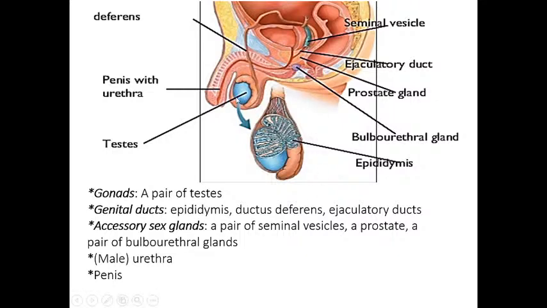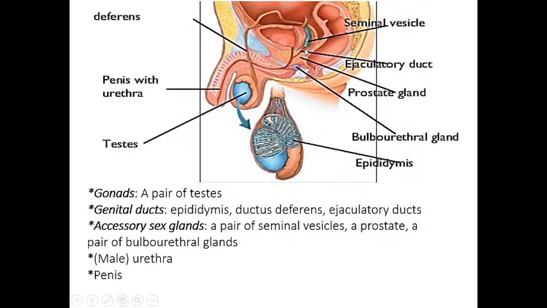The testis or the gonad is located inside the scrotal sac of the male in the male perineum. The epididymis is placed behind the testis. You've already seen this in the gross anatomy class earlier. And then we have the ductus deferens, which exits the scrotal sac through the inguinal canal, gets through the anterior abdominal wall and into the cavity, and proceeds along the sides of the pelvic cavity behind the urinary bladder of the male, and comes to lie behind and below the urinary bladder.